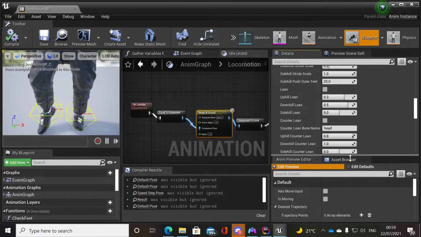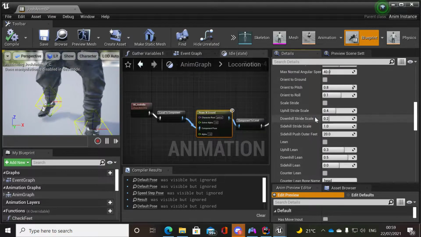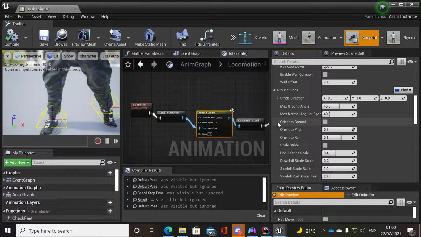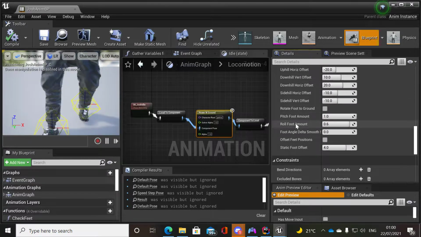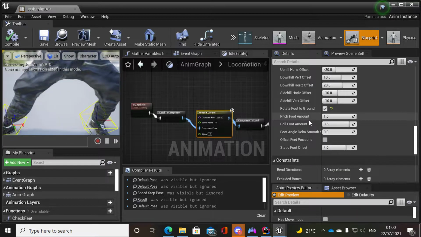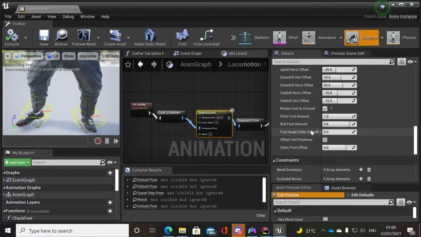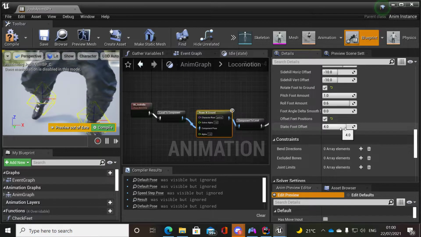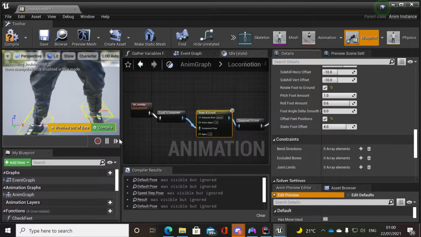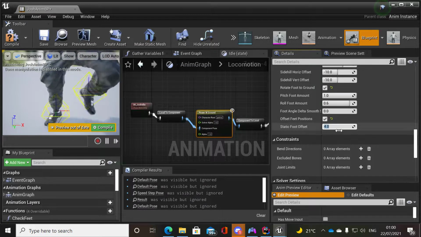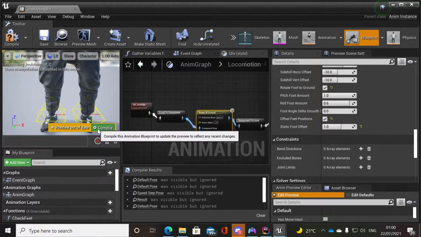There's lots of lean and counter lean, and probably we want some of that, quite subtle. For now, we'll do rotate foot to ground. We can look at how much we roll. Wow, this is great. And then offset foot position, which I think is what brings it out of the ground. You know how normally it's sunk, but I don't think the shoe needs to be that high. But we just go one.